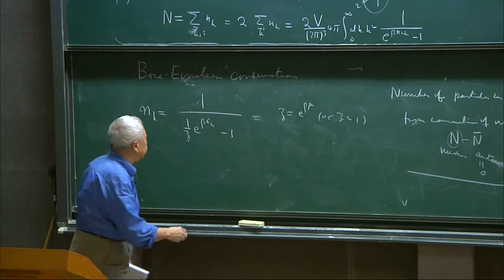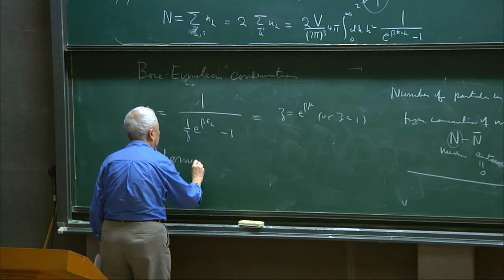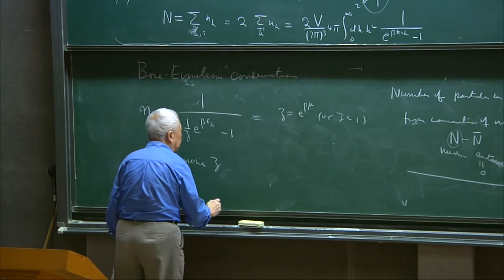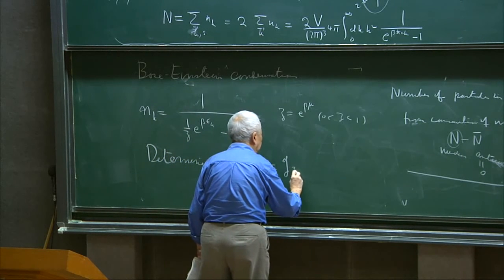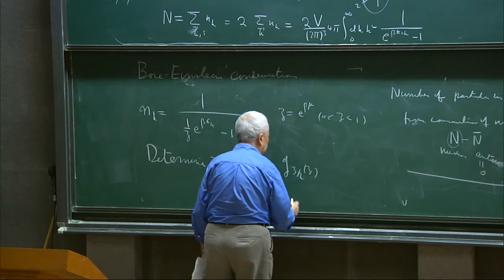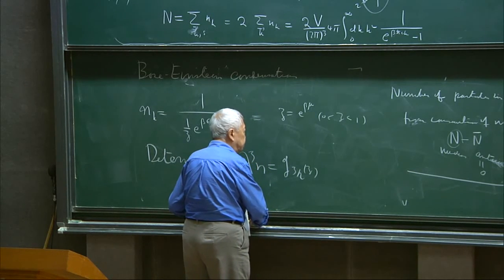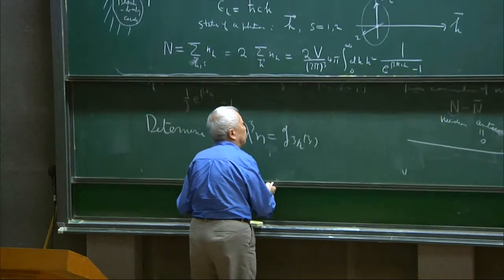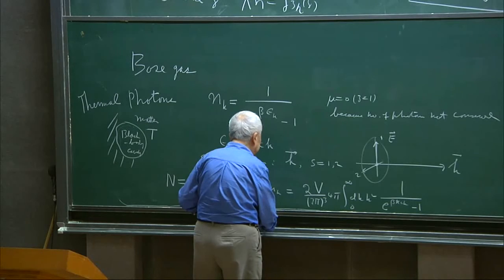So let us determine Z. Lambda n cubed is equal to G 3/2 of Z. Now G 3/2 of Z is like F 3/2 of Z, except that it doesn't alternate in sign.